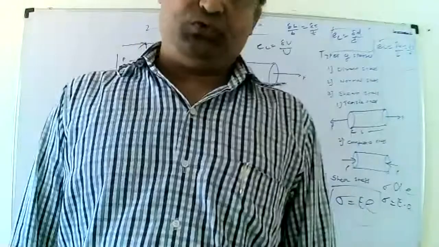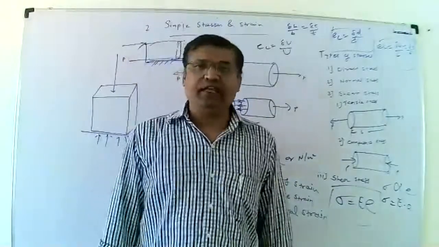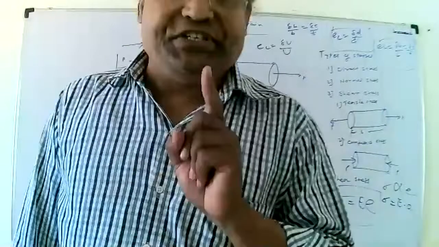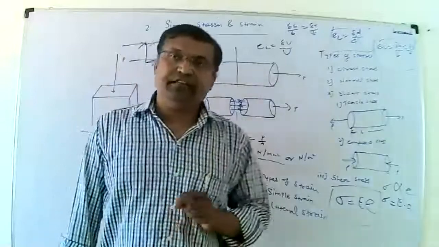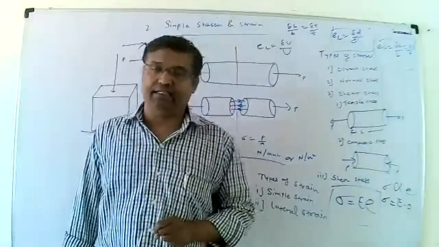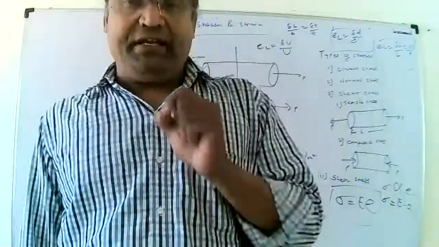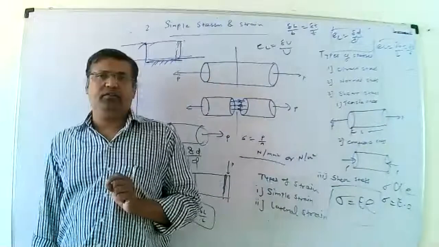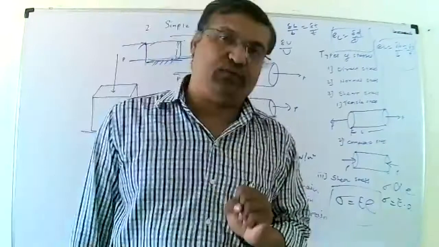That value is 2 into 10 raised to 5 Newton per mm square. Now, what is Young's modulus of elasticity? It is defined as the ratio of stress to strain. That ratio is known as Young's modulus of elasticity of that material. It is represented by capital E, and its value is constant, 2 into 10 raised to 5 Newton per mm square.